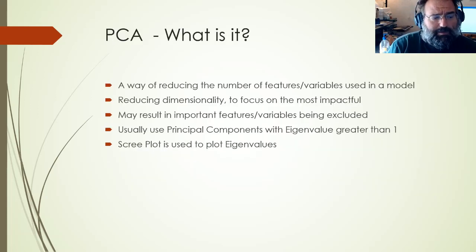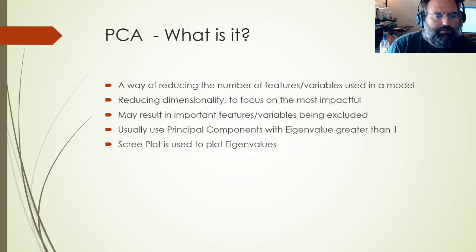So what is it? It's about reducing the number of features, as I mentioned, the dimensionality, the number of variables that are being used in a model. It lets you focus on those things that have the most impact on the results of the model. But it's not without its problems, right?